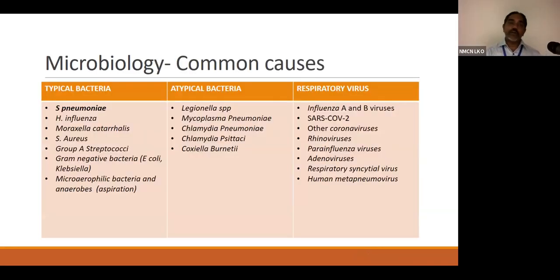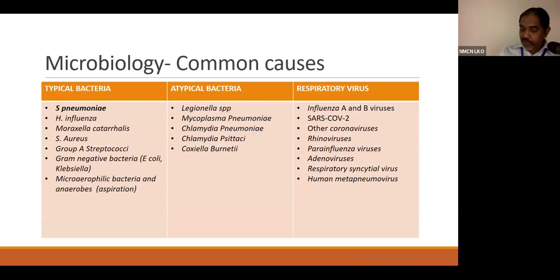The common organisms incriminated in etiology are typical bacteria, atypical bacteria, and various respiratory viruses, which have been listed in the table. The commonest amongst the bacteria is Streptococcus pneumoniae, and amongst the atypical bacteria, Mycoplasma and Chlamydia are common infections encountered in day-to-day practice.